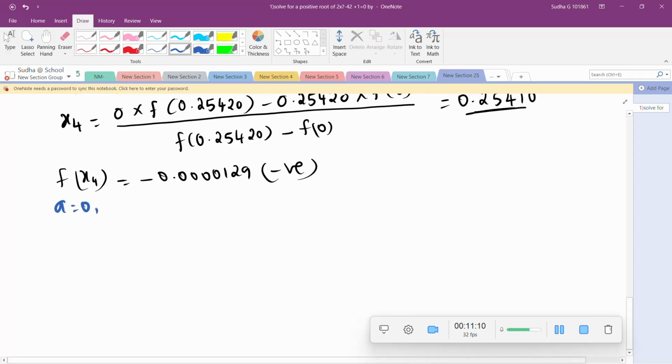So A equal to 0. Keep your mind here, formula A less than B. Likewise, you have to choose A and B value. So A equal to 0, B equal to 0.25410.